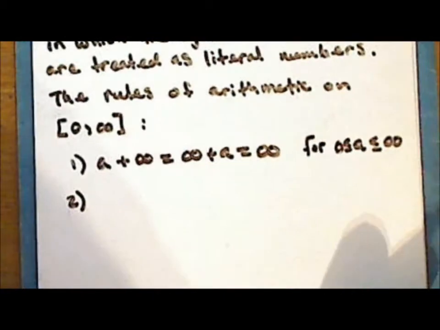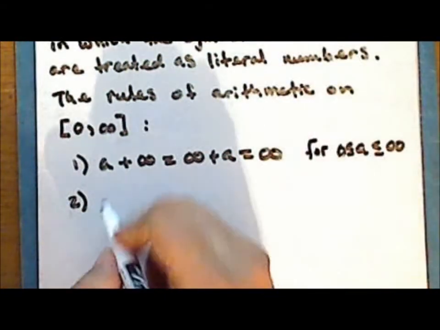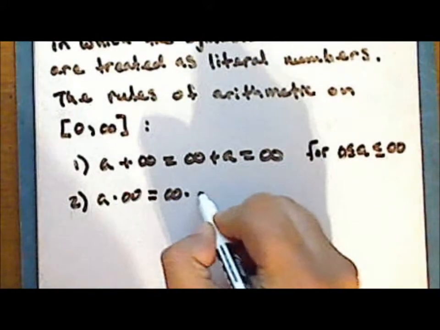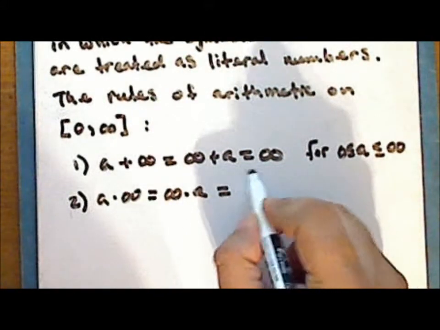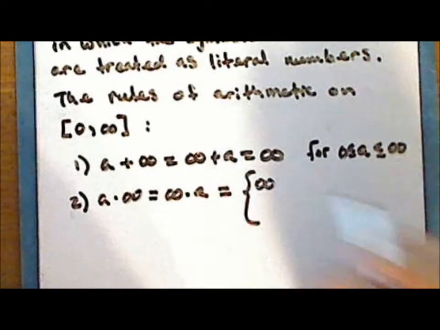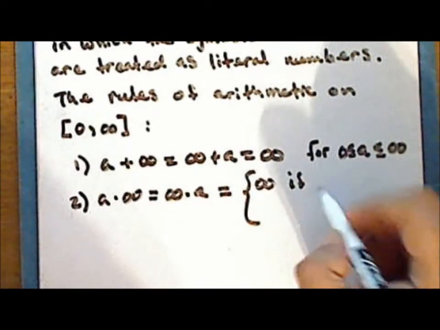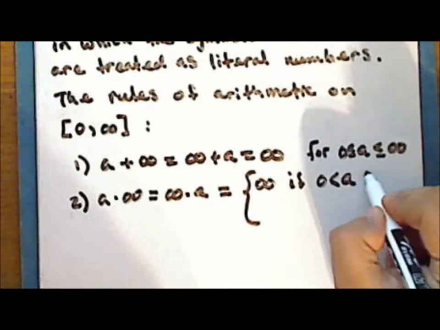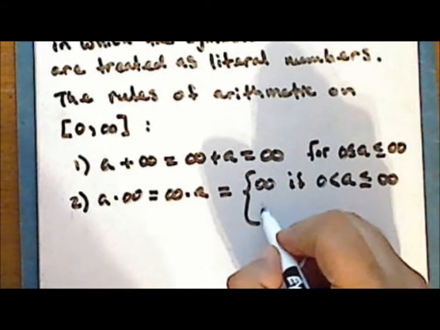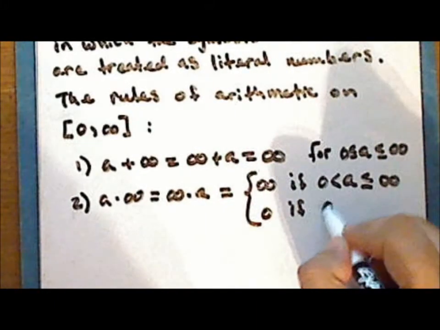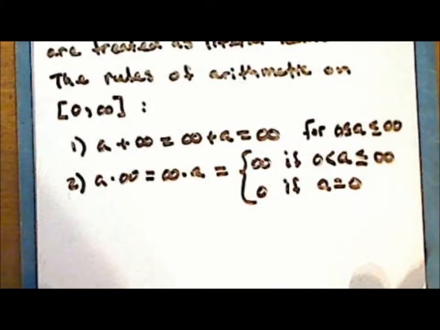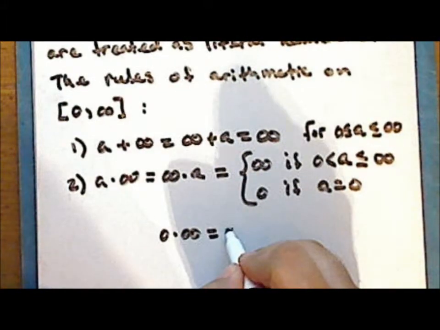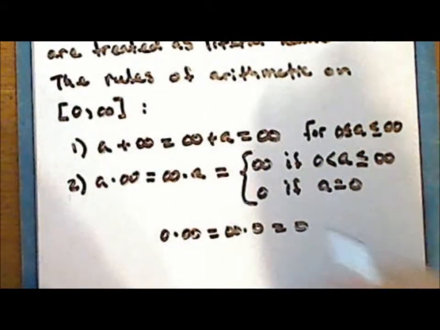Now, multiplication has two definitions. A times infinity is equal to infinity times a, which is infinity if a is strictly greater than 0, and 0 if a is equal to 0. So in particular, 0 times infinity is infinity times 0, which is 0.